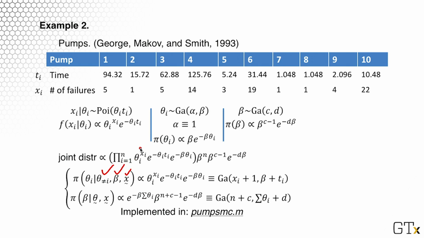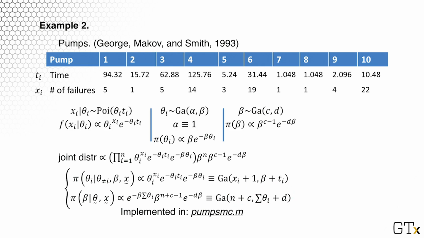And when you select only the part that contains theta i, you end up with a gamma distribution with parameters xi plus 1 and beta plus ti. And finally, you need a full conditional for beta, and that one is also gamma distributed. The parameters are m plus c and the summation of theta i's plus d.